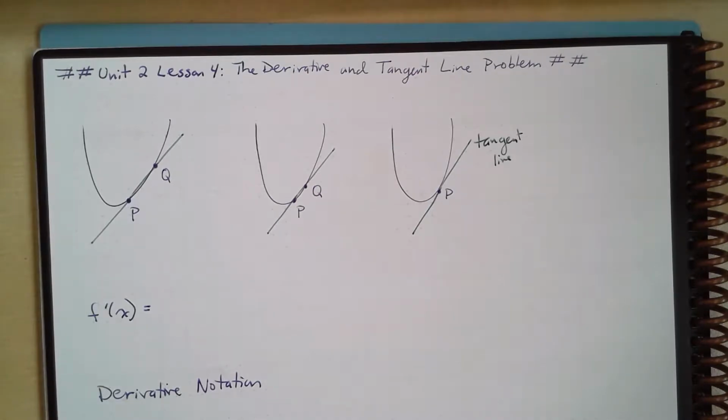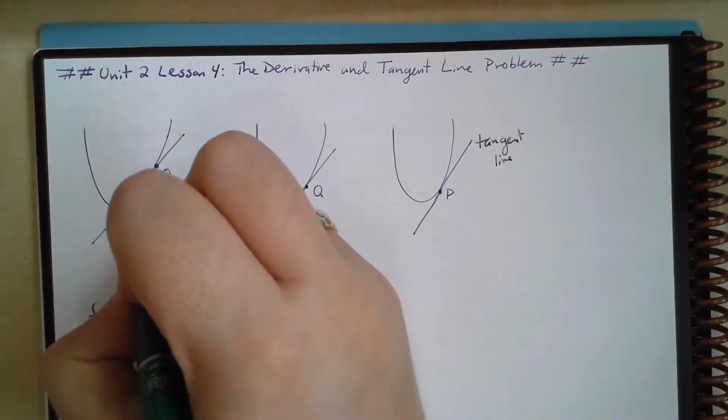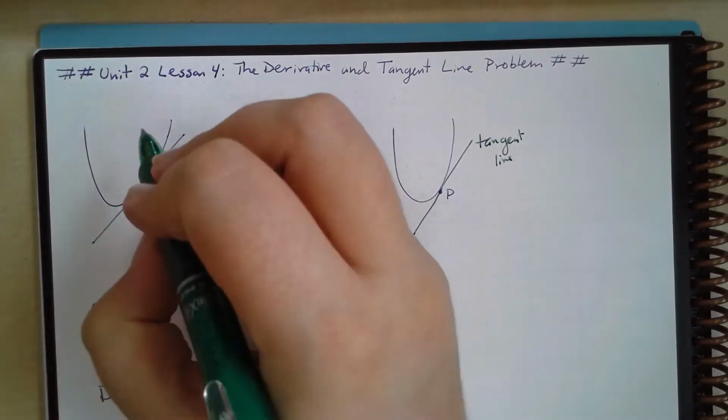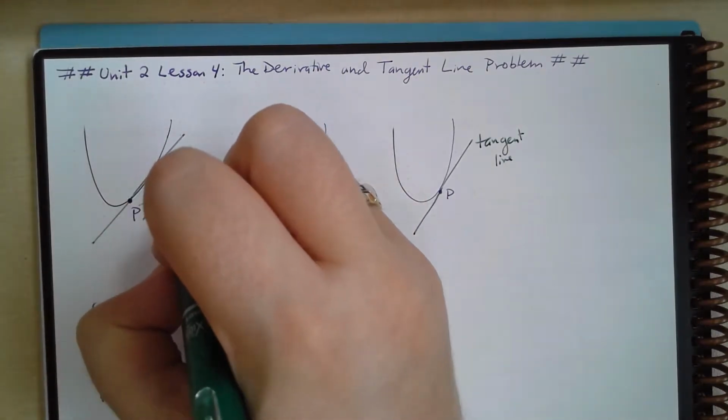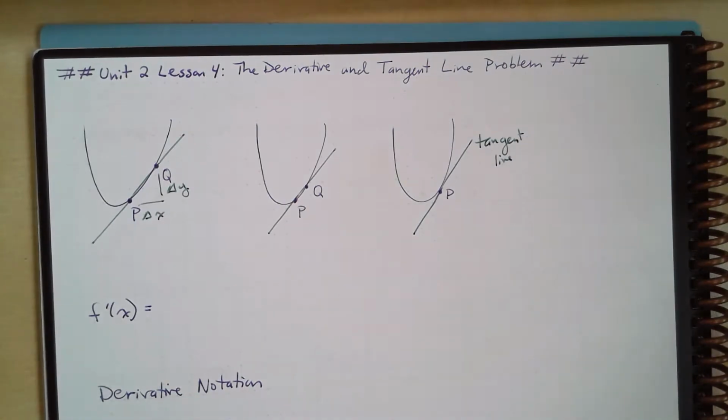So actually, you could find the slope of the secant line by having a change of x here and a change of y here, and calculating that. But really what we're interested in is the definition of the derivative.